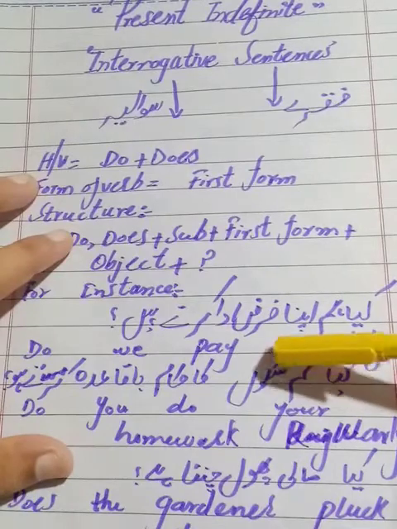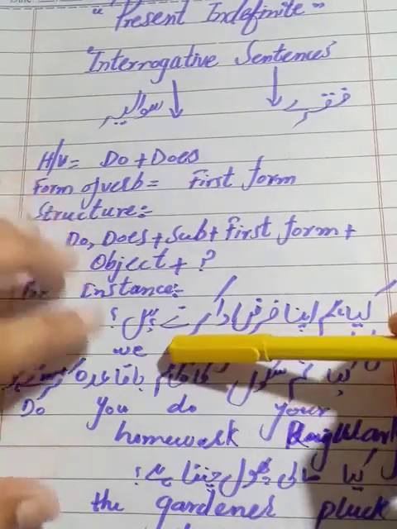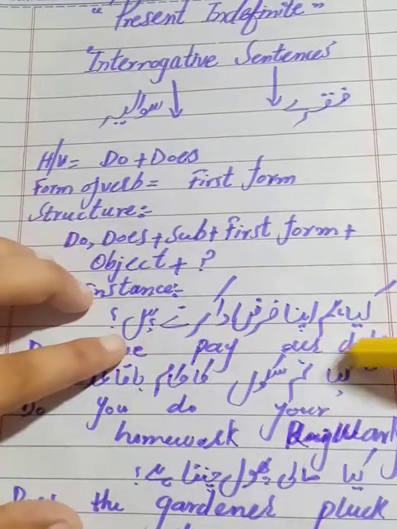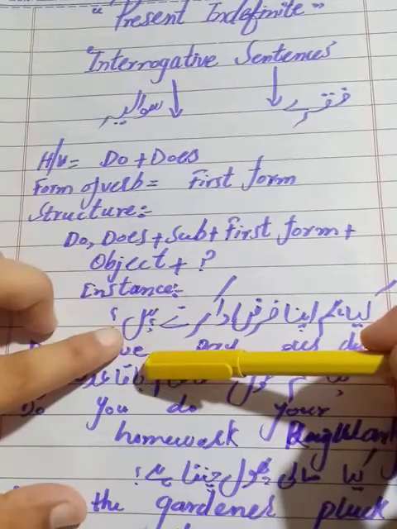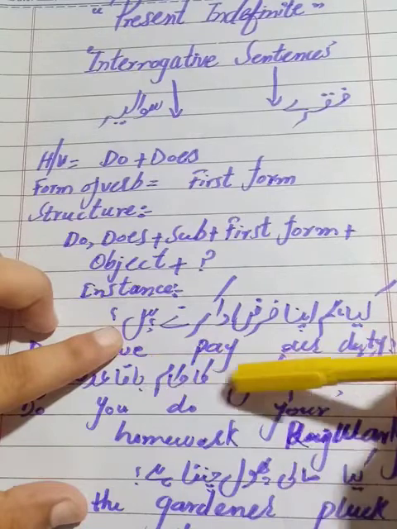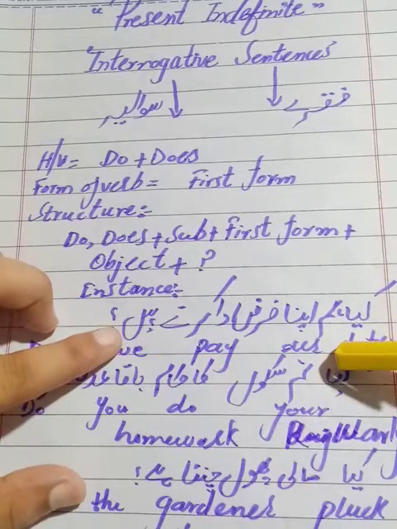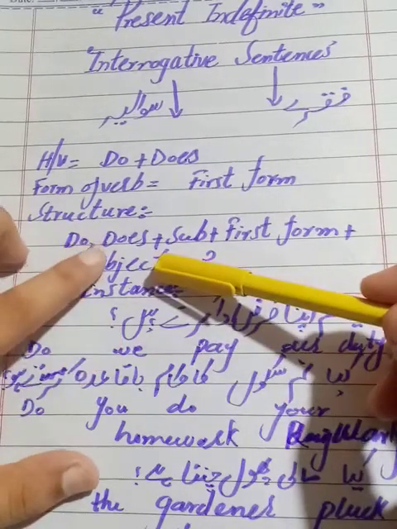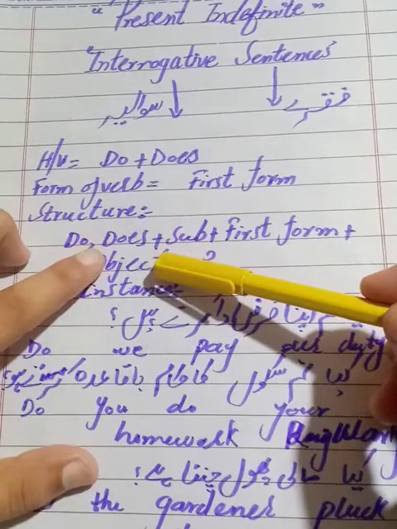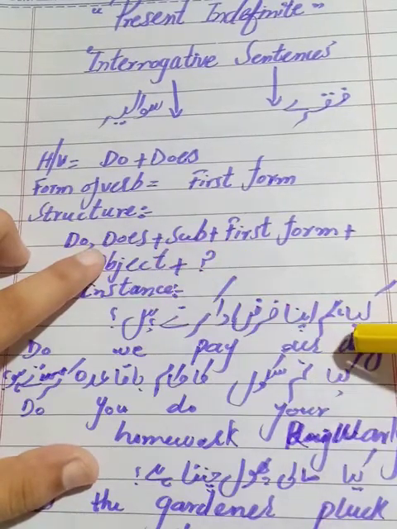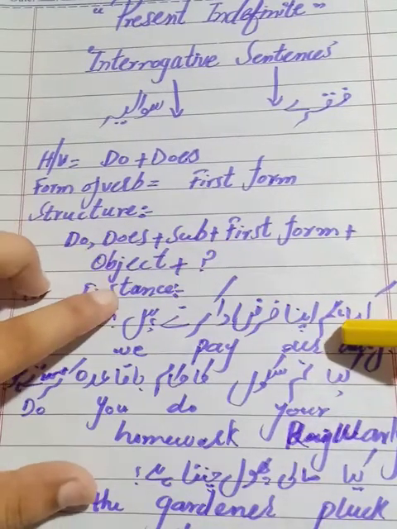So here, for instance, I have written क्या हम अपना फ़र्ज़ अदा करते हैं. Here at the start क्या and in the last a question mark. Why do we put a question mark? Because it is an interrogative sentence. So here the structure is that first we have to use the helping verb do and does. We have to see whether this sentence is singular or plural.